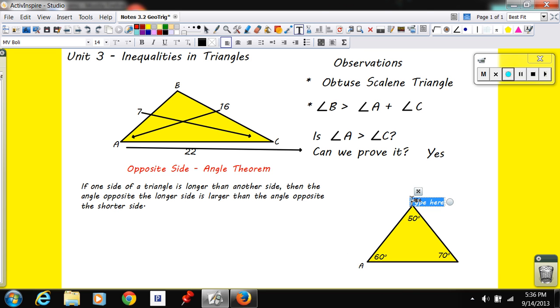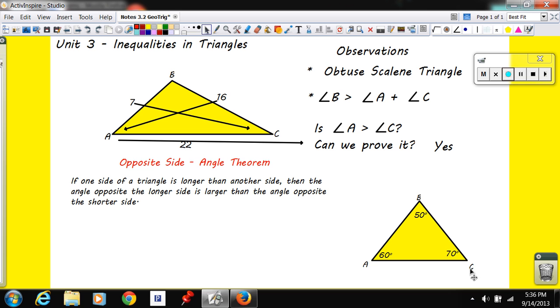Would I be able to tell right now which side is my biggest side? Here's angle A, angle B, and angle C. If I was looking at it right now, could I show for sure which side is my biggest side? And the answer is yes. Because this theorem right here shows that the biggest side is across from the biggest angle. The smaller side is across from a smaller angle.